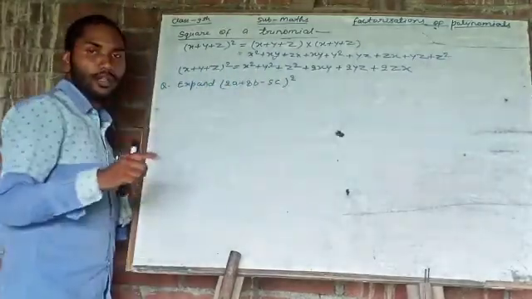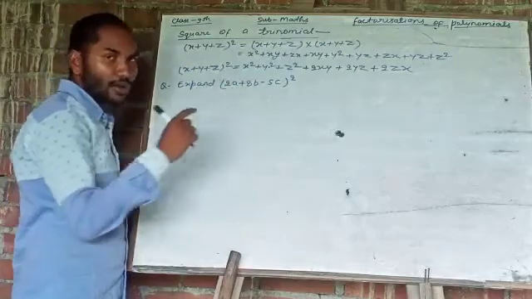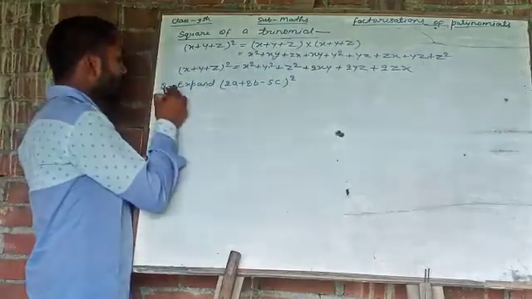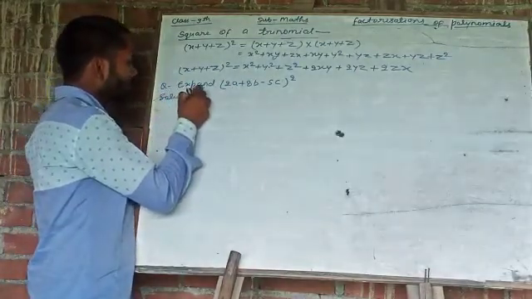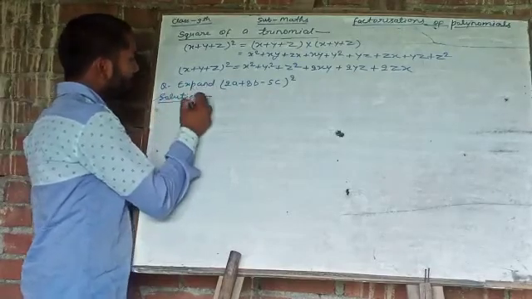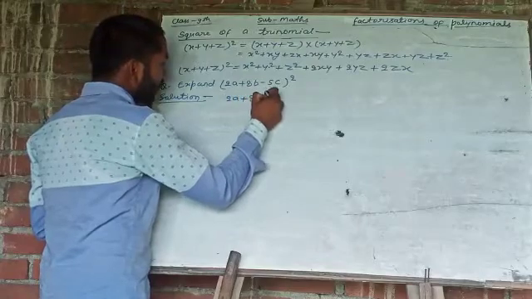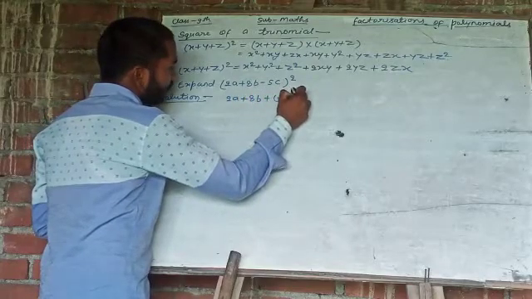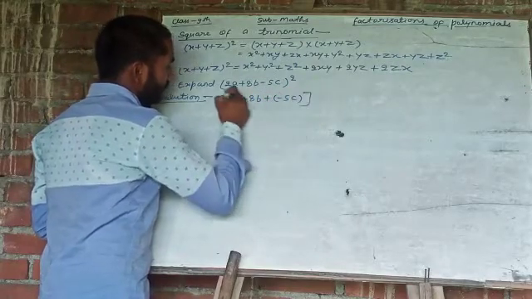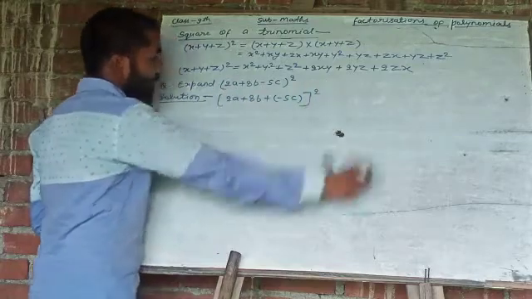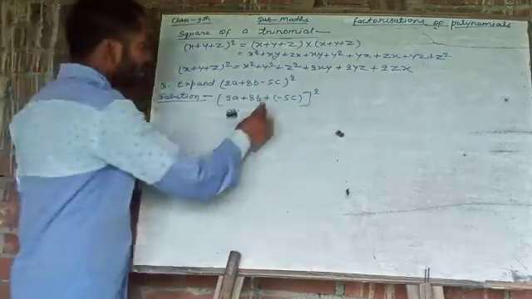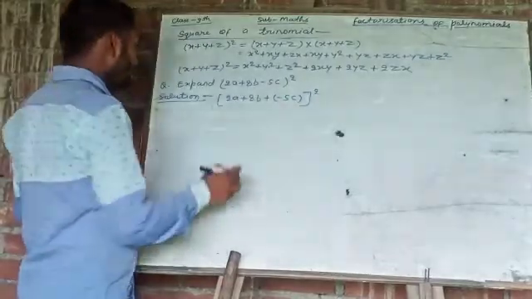So first of all, we will convert this into the form of the formula. Let us solve this question. So it will be 2a plus 8b plus minus 5c whole square, because plus into minus will be minus.